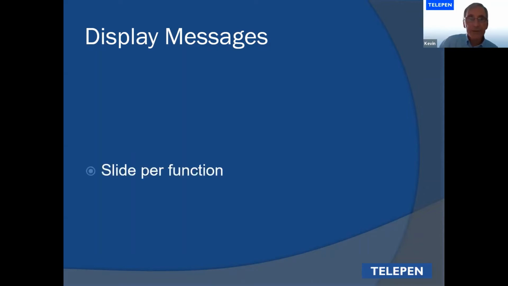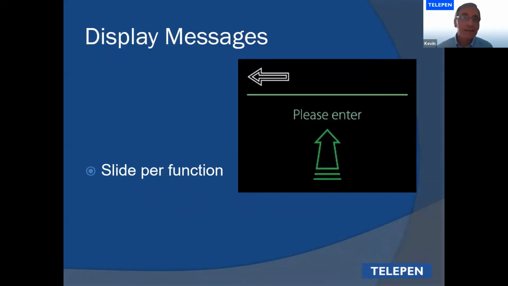So we can use those to send messages to students. Now, there's a default set of slides that we have, of course, for use. And this is the default standby slide where we're waiting for someone to, oh no, it's not, I do apologize. This is the slide once someone has presented a card and they've been approved and the lane is open, ready for them to go through.